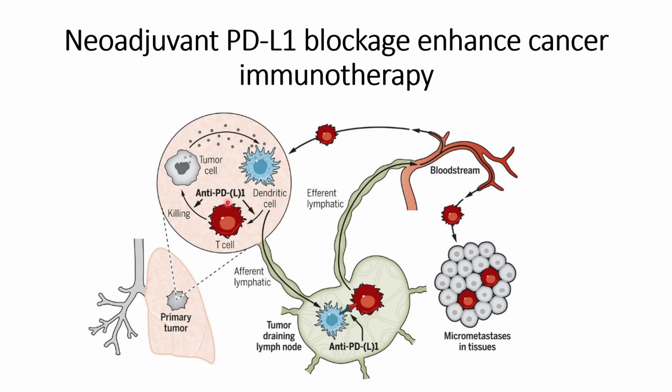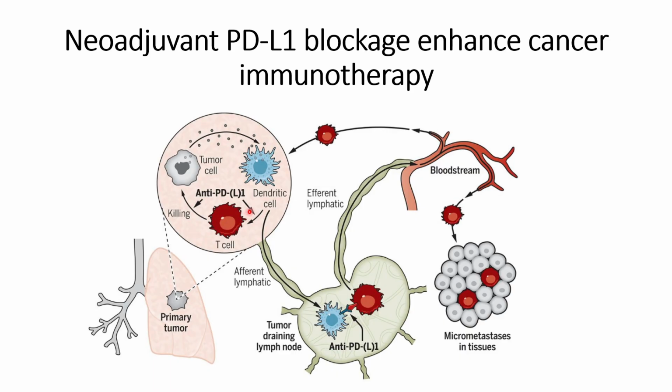So this is one way that neoadjuvant PD-L1 blockade will increase the anti-tumor efficacy, or tumor killing by the T cells. However, there is an additional effect that can also occur.